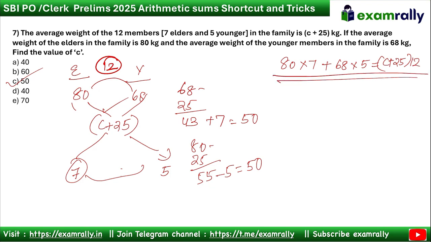Likewise we can get the value of C as 50. See, this will be easy. No need to use allocation and all. Just find the difference and use your value.